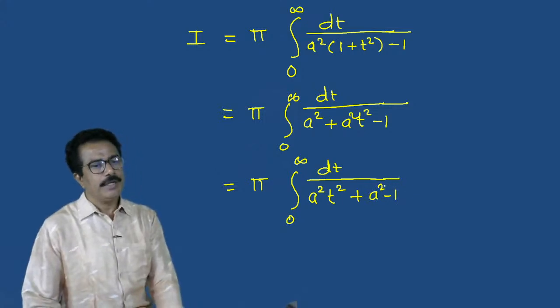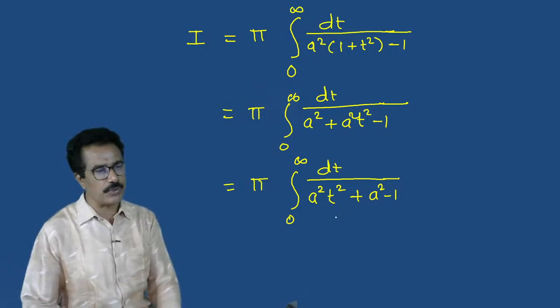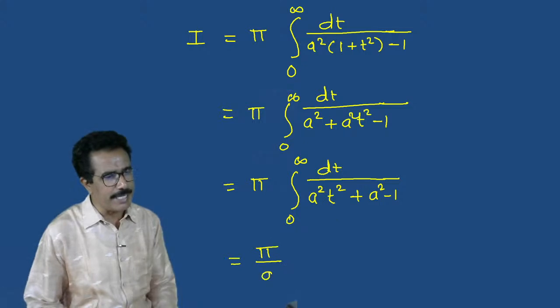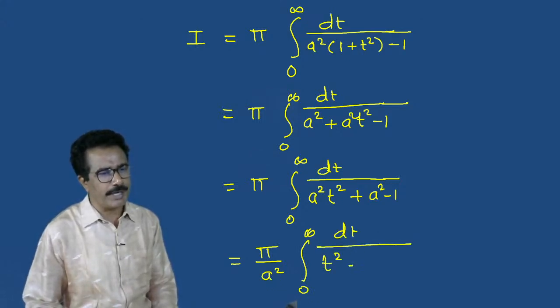Okay, now we need the square coefficient to be 1, so we can write pi divided by a square, taking a square common, then the integral from 0 to infinity of dt divided by t square plus (a square minus 1) divided by a square.